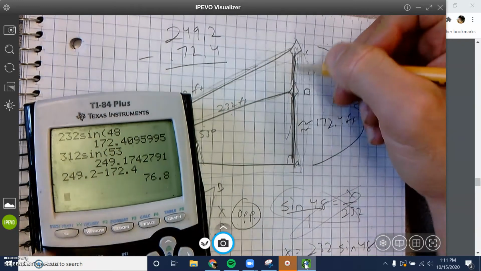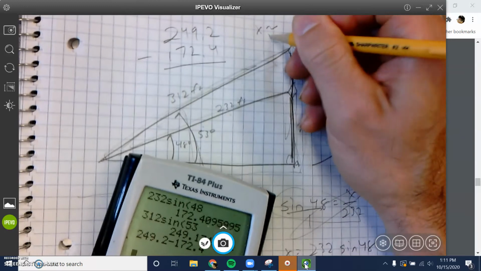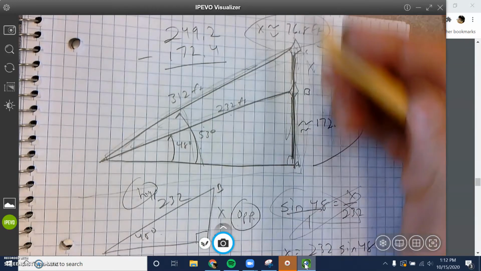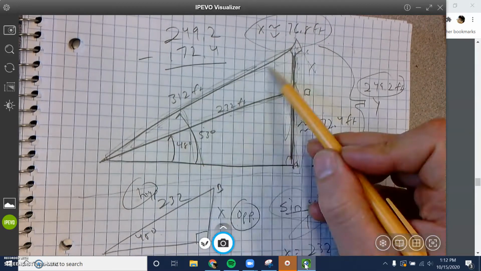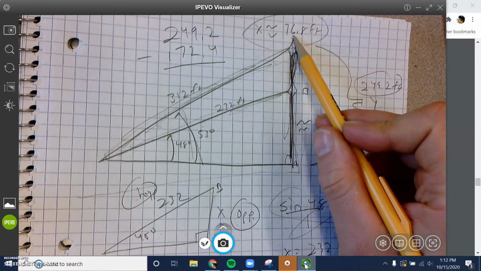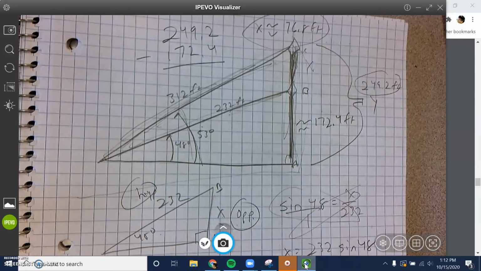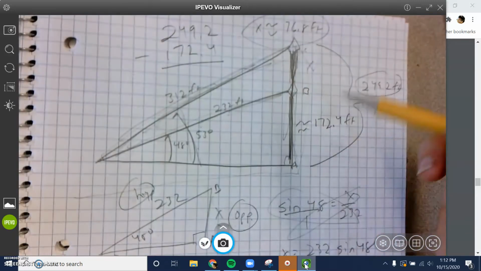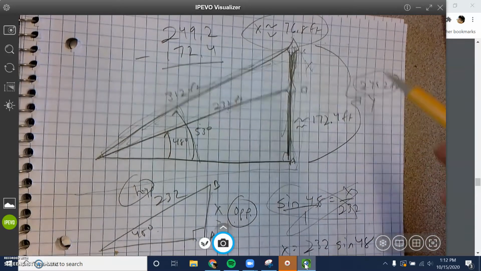So the distance X is approximately 76.8 feet. So when the person let out more line, to 312 feet from 232, the kite rose 76.8 feet. There you go. If you didn't get that, this is a good one to pause and then practice, see if you can do it again.